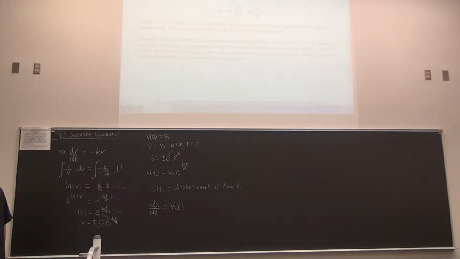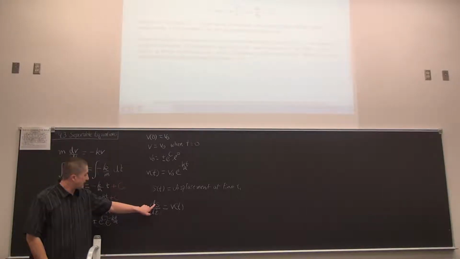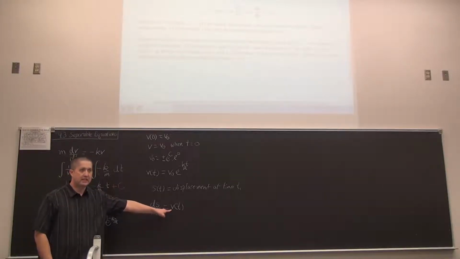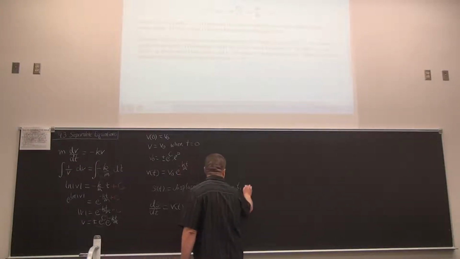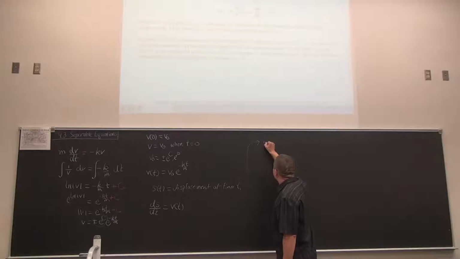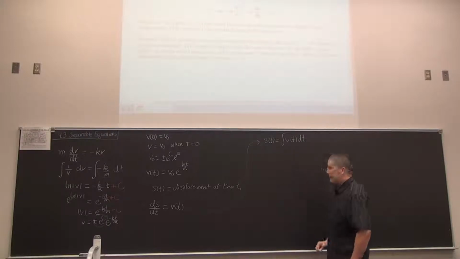It's trying to remind us that the second derivative of position with respect to time is velocity, and the bit that's missing there is the first derivative of the position function with respect to time is velocity itself. So this is a nice equation because we can immediately take this and say, therefore, s of t must be the antiderivative of v of t with respect to time.